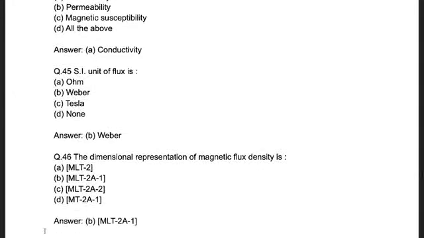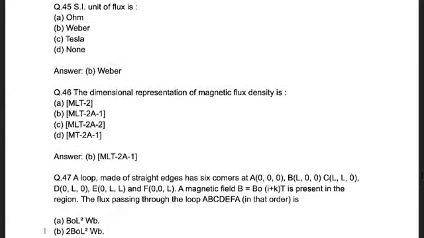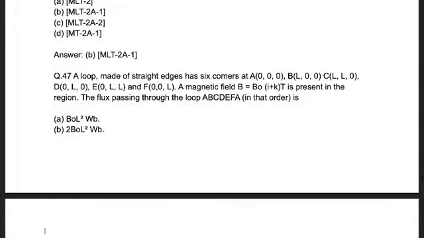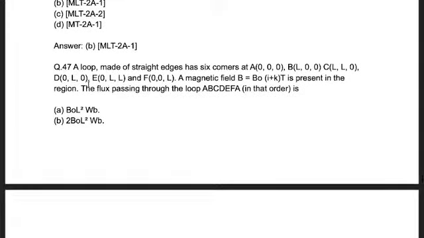MLT2A1. Question number 47. A loop made of straight edges has six corners at A(0,0,0), B(L,0,0), C(L,L,0), D(0,L,0), E(0,L,L) and F(0,0,L).